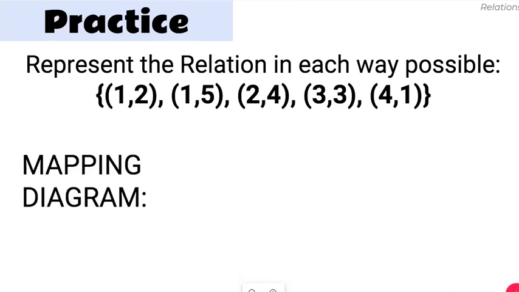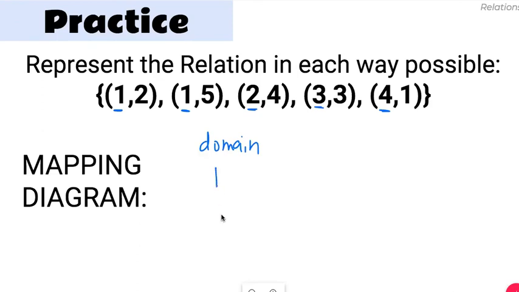Finally, a mapping diagram. This one is a little trickier. It's not hard. But remember, with the mapping diagram, the first values will be the domain. And remember, with the domain, we go in numerical order and we do not repeat. So I have a 1 and another 1.